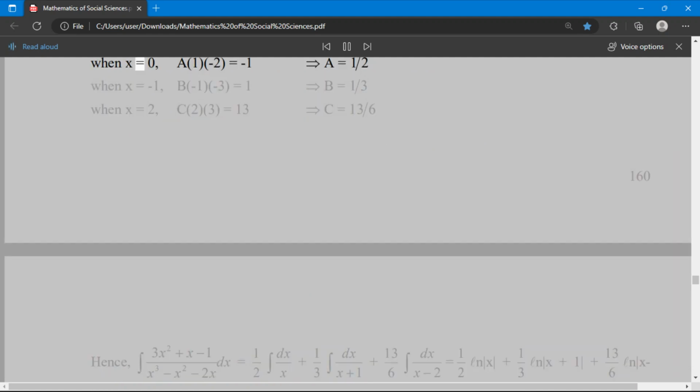In particular, when x equals 0, A(1)(-2) = -1, so A equals 1/2. When x equals -1, B(-1)(-3) = 1, so B equals 1/3. When x equals 2, C(2)(3) = 13, so C equals 13/6.